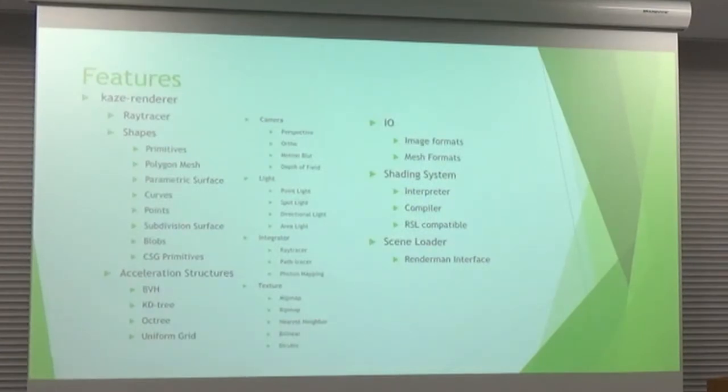And my renderer's features. My CAD renderer has a lot of features. This is a list. The CAD renderer implements ray tracer-based algorithms, so it can render various types of shapes: primitives, polygon mesh, parametric surface, curves, points, subdivision surface, blobs, CSG primitives, and some types of acceleration structures.